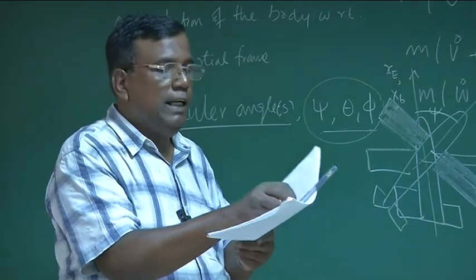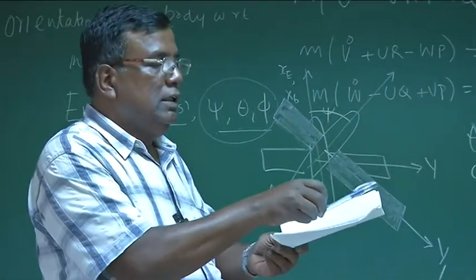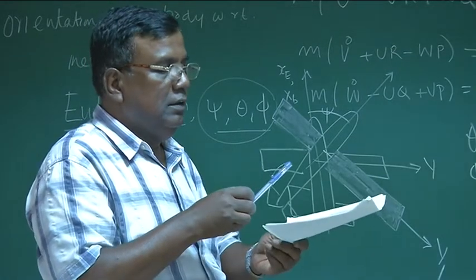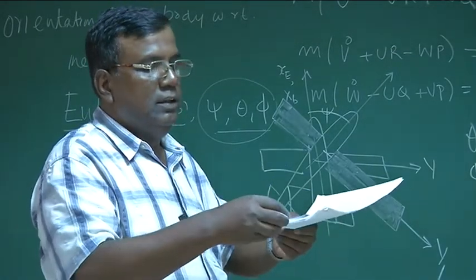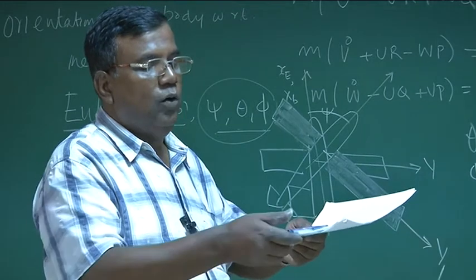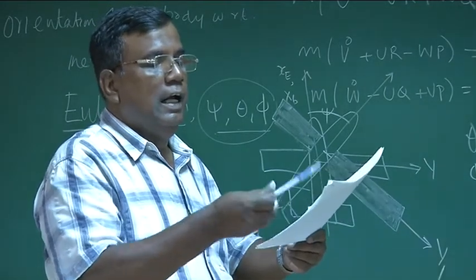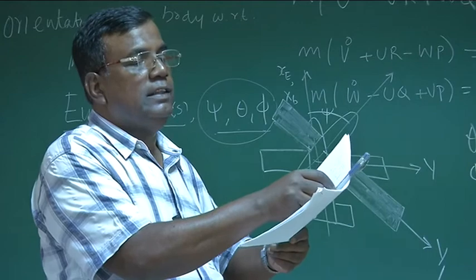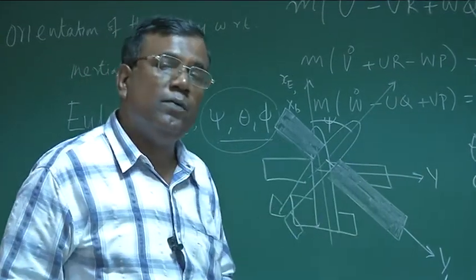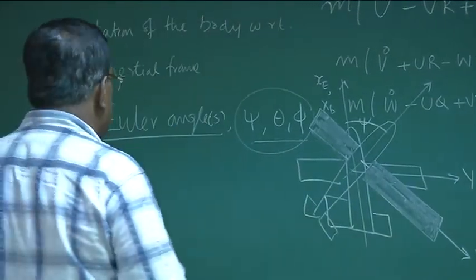Clear? I repeat again. This is rotation about the z-axis, psi. This is your new y-axis, and rotation about the y-axis is theta. And this is the new x-axis, body axis, and rotation about x is phi. Okay. So this is the order of psi, theta, phi.